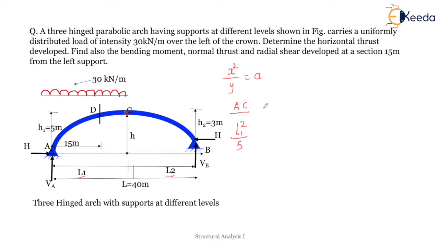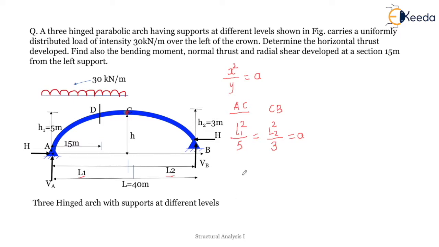Then for CB we write L2 square divided by the height, which is 3 meter. Both of them are constant. This is the basic equation we are going to use.